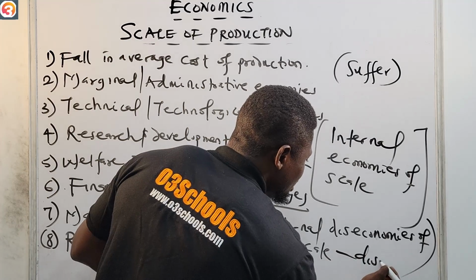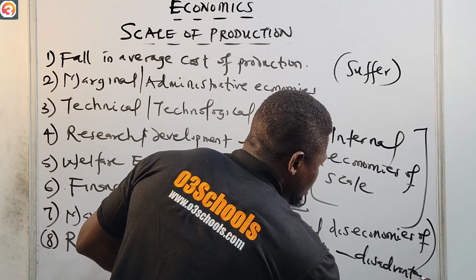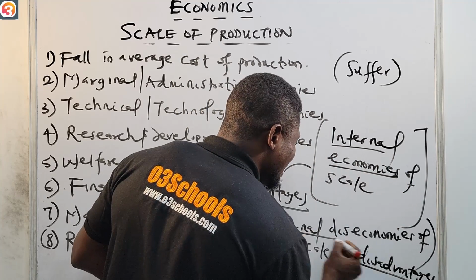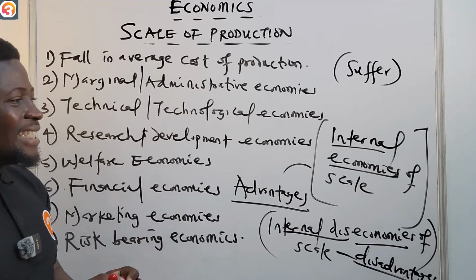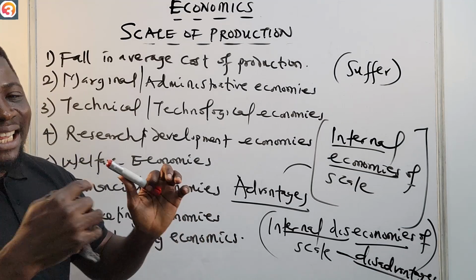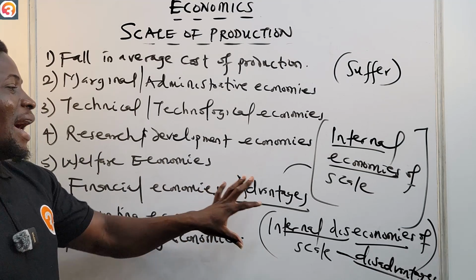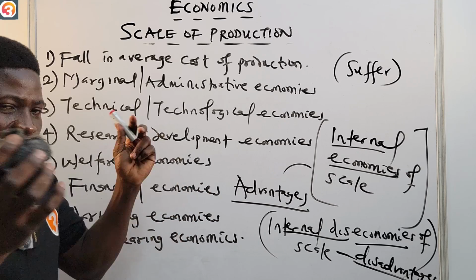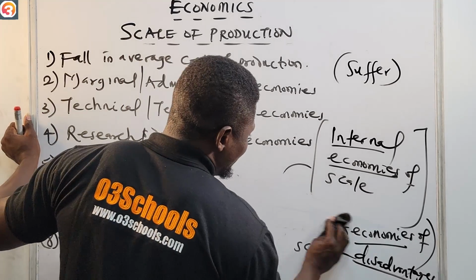Internal disadvantages, internal diseconomies. The internal diseconomies are the disadvantages that they suffer, while the internal economies are the advantages that they enjoy. So let us quickly see some of these disadvantages.